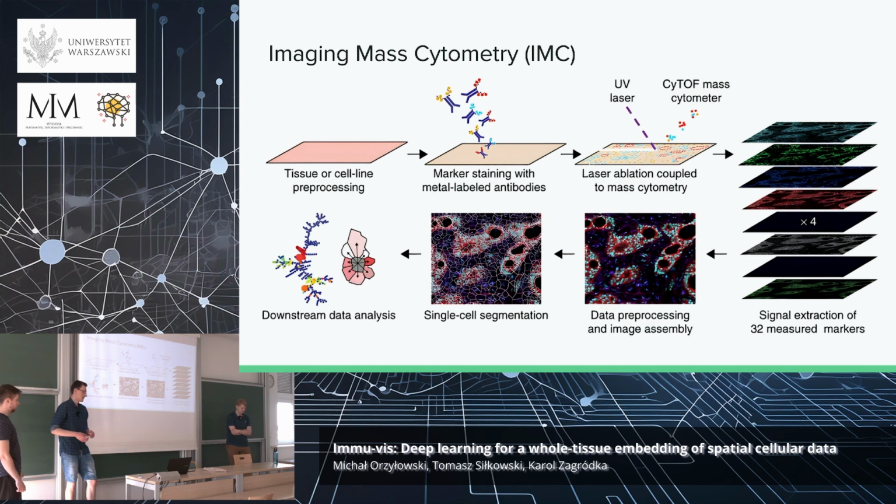Markers then are used as channels in the scans. For detecting single markers, this method measures the mass of metal isotopes in the tissue. And this method allows us to simultaneously image 40 and more markers.